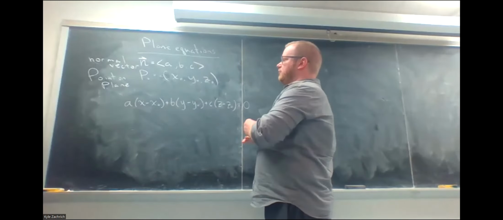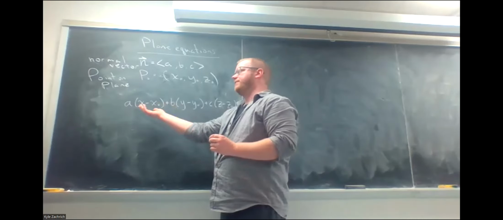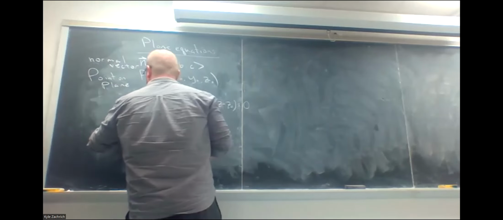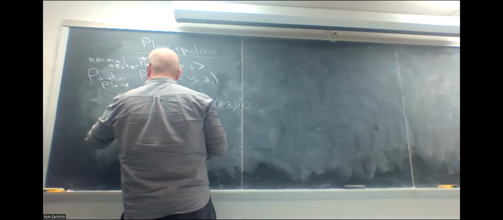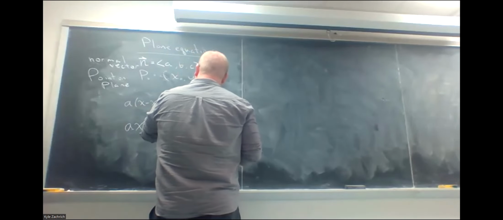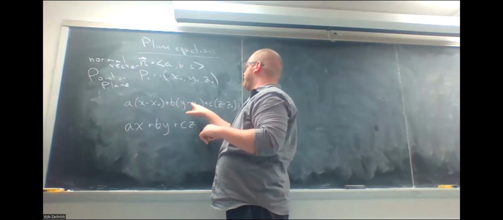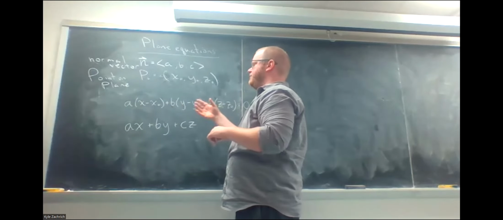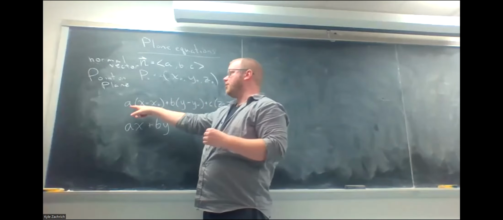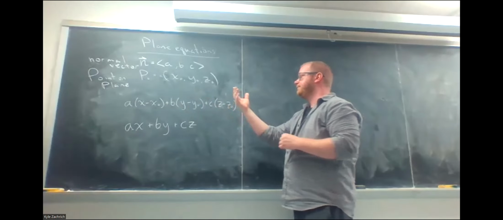Another way to write all of this out is to just multiply everything out. So this form just keeps A times X plus B times Y plus C times Z. And then it takes all the extra stuff, those are all numbers that you would know, like 3 times 7.